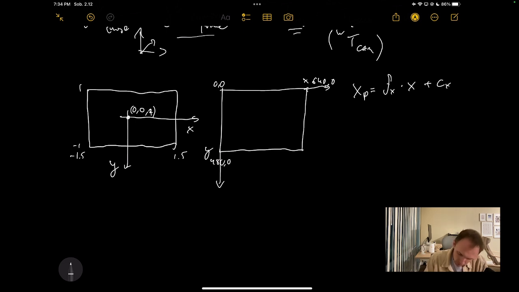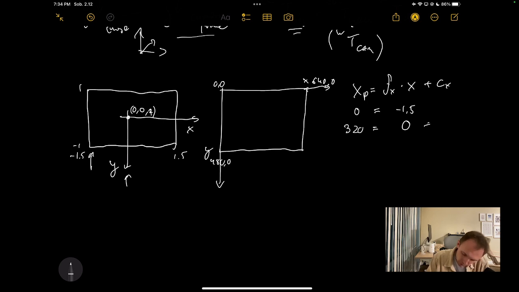So we can try to figure this out. We will want to map minus 1.5 to 0, and then 0 we'll want to map to half, so that's 320.